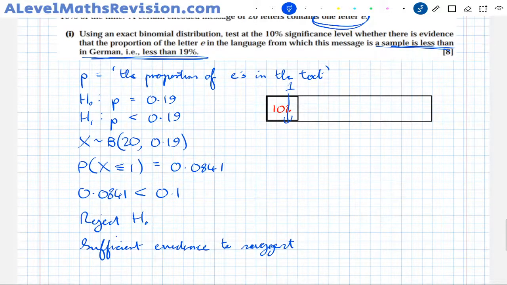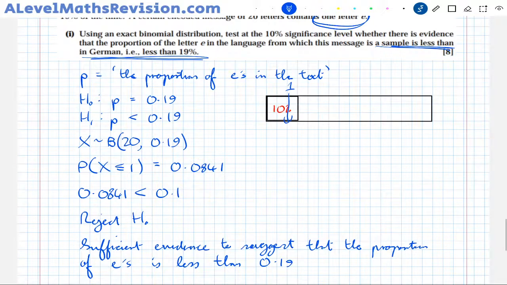Or insufficient evidence to suggest that the proportion of e's is less than 0.19. And that's that. So hopefully that's cleared up hypothesis testing a little bit for you.